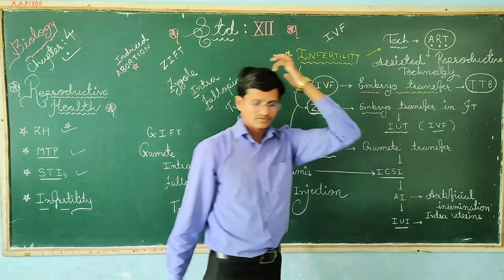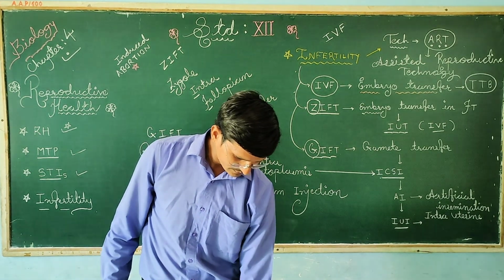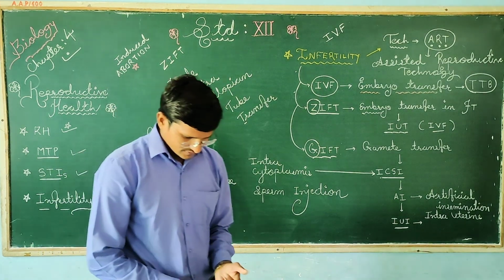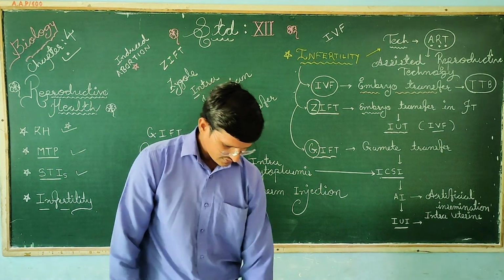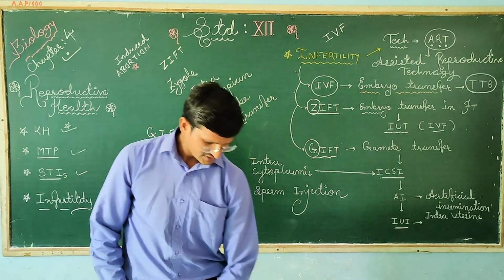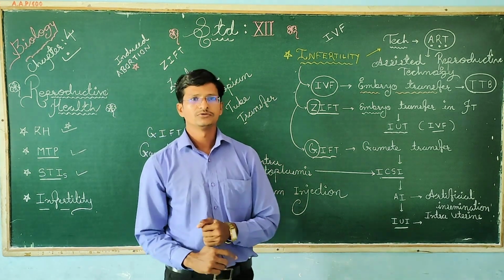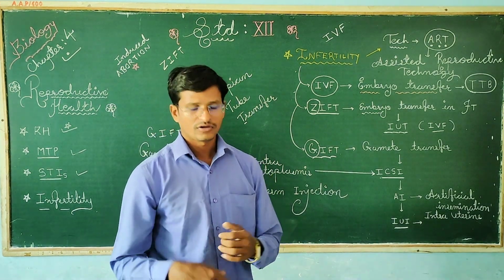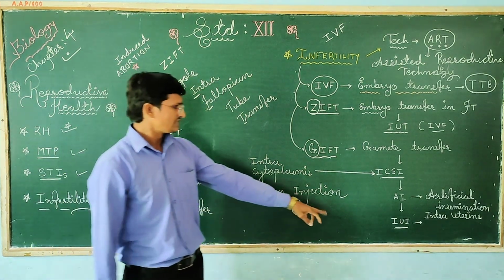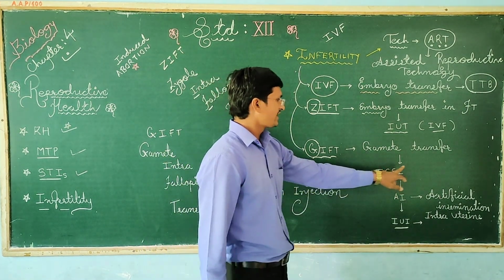In this technique, semen is collected either from the partner or from a donor, and it is transferred to the female's uterus or through the vagina. That process is intrauterine insemination, and the method is ICSI.